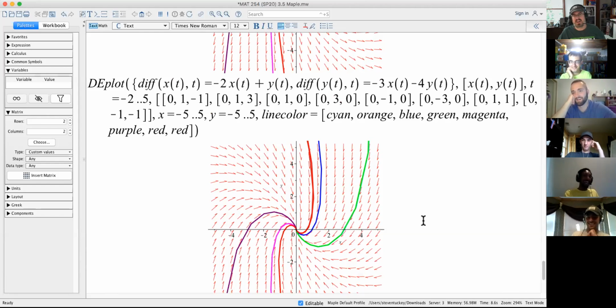Anyways. So this ties in, and I don't know if you remember, this was a question on one of the classwork sets from way back in chapter 2. If you have a system of equations that's dx/dt equals f(x,y) and dy/dt equals g(x,y), what happens if you change the sign of f(x,y) and g(x,y)?